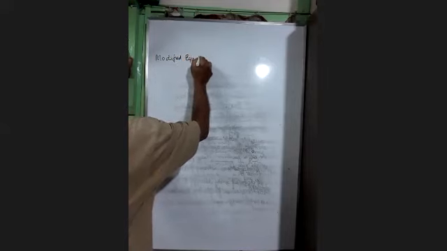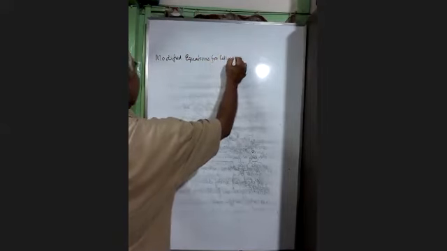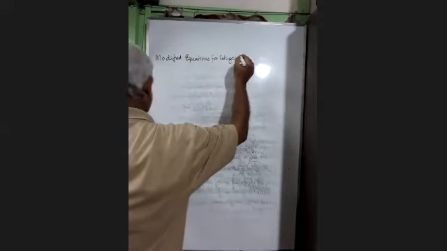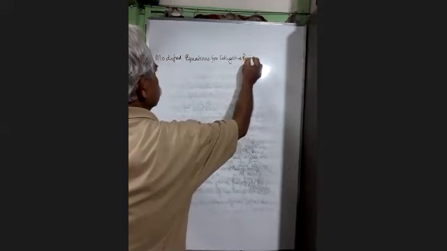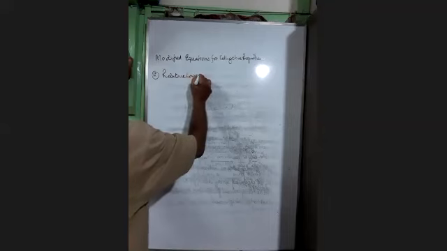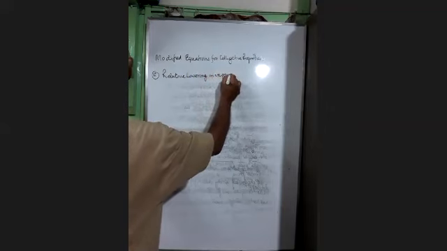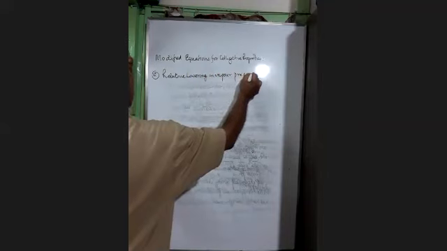Modified equations for colligative properties. First, relative lowering in vapor pressure.